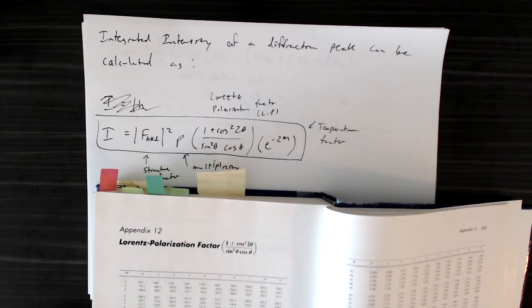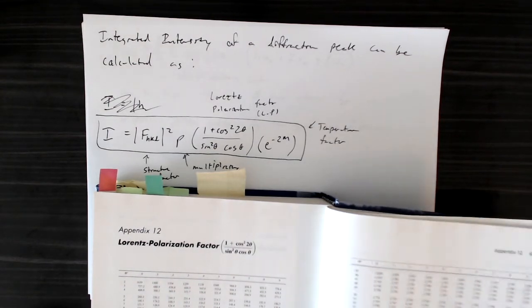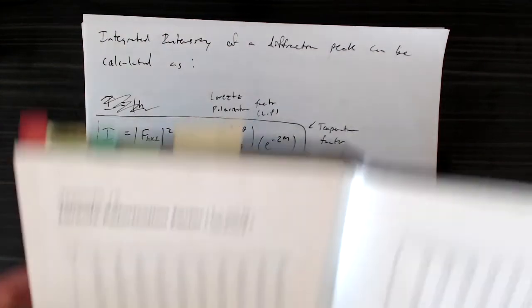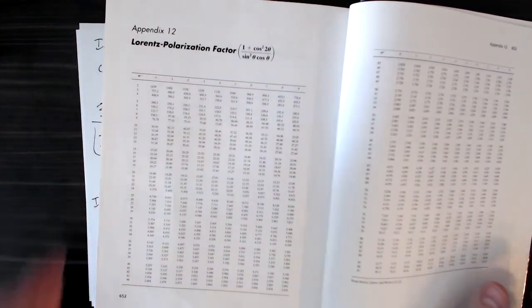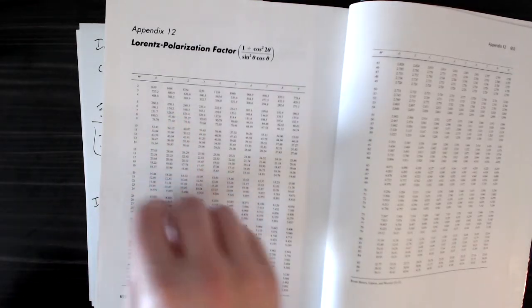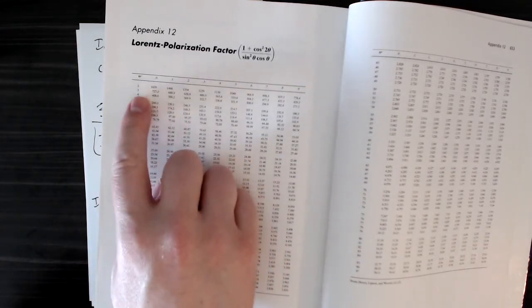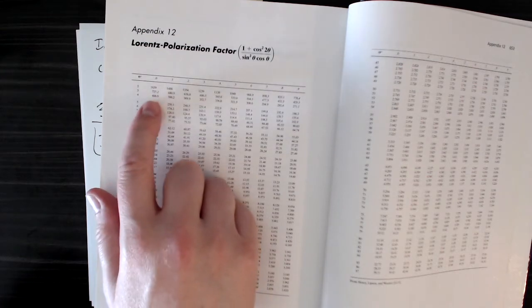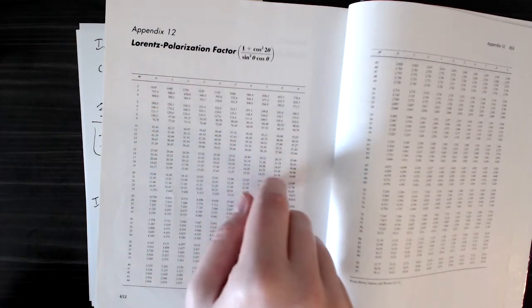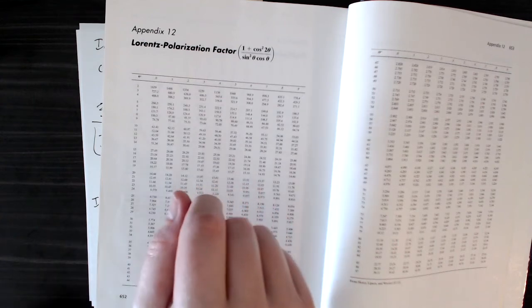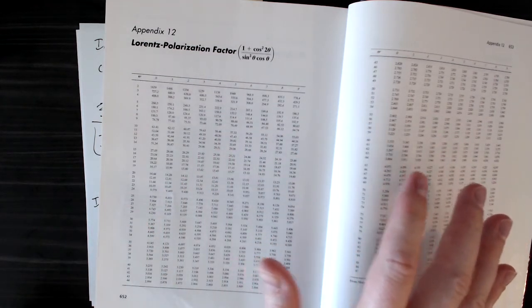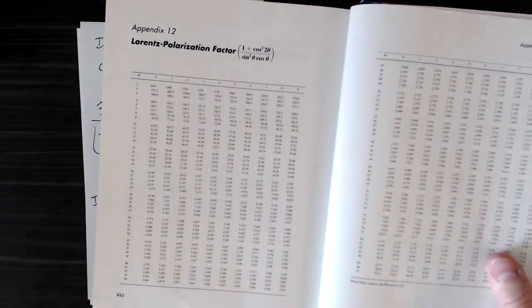If you're checking your course textbook for 585, I think there's an error in that expression, but you can calculate and compare to here. Here it's tabulated, so you only get certain values of angle, and you have to interpolate a little if you need something slightly better. So it's here if you want to double check your work.